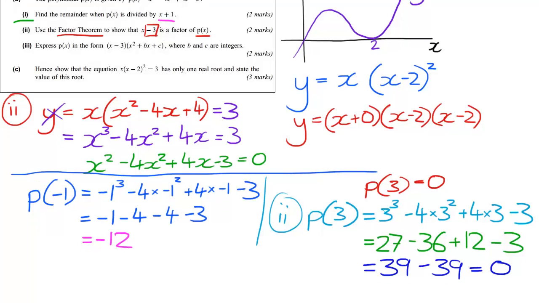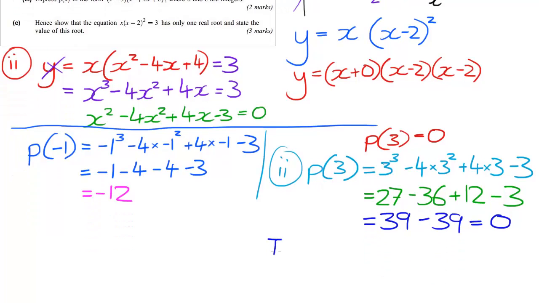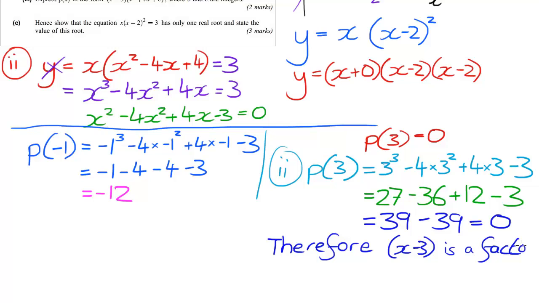The second mark is for saying therefore x minus 3 is a factor. So that's for the second mark there, because the first mark, I don't know how difficult you find it, but it's really not too bad at all.